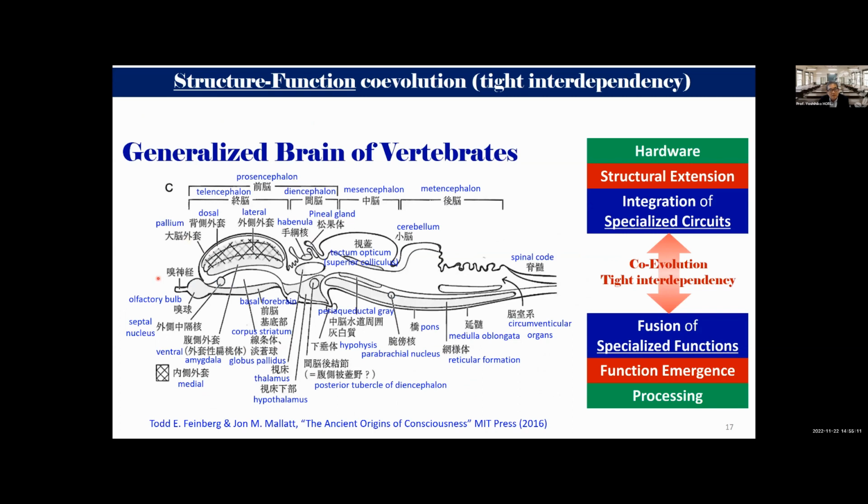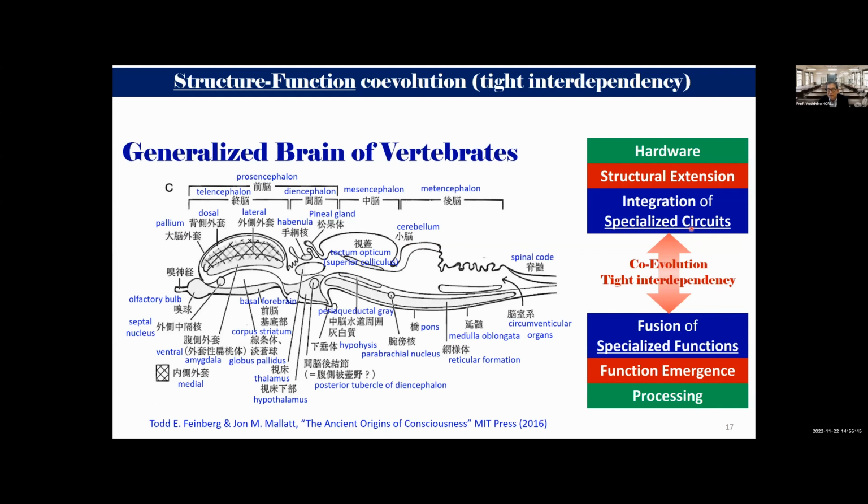This is the basic design of the vertebrate brain. The special feature of this type of structure is that we have several different parts, which are specialized circuits. Each specialized circuit has a specialized function, and those circuits and functions are actually co-evolved.